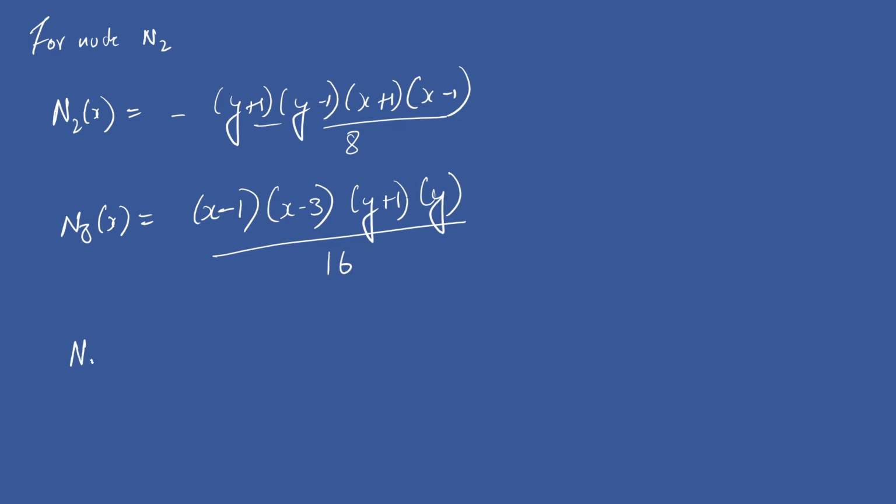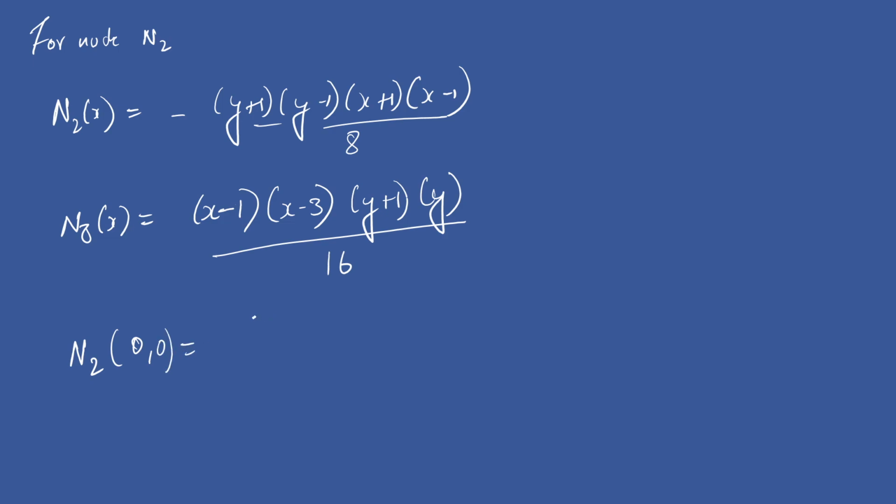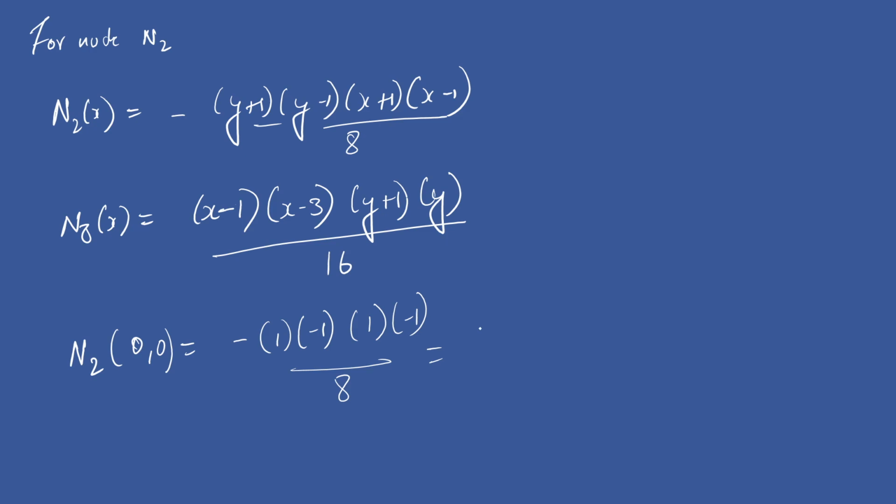So if you can calculate n2 and what is our point of interest is 0, 0, so you can see it's minus 1 minus 1, 1 minus 1 by 8, so it's minus 1 by 8, minus 0.125. n2 is 0, 0, right?